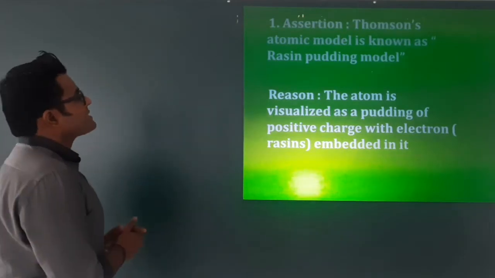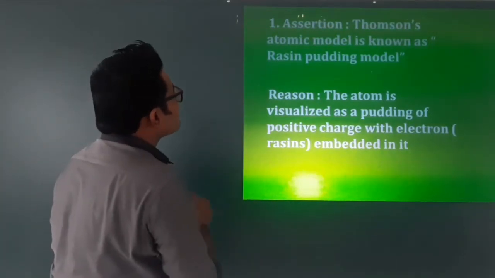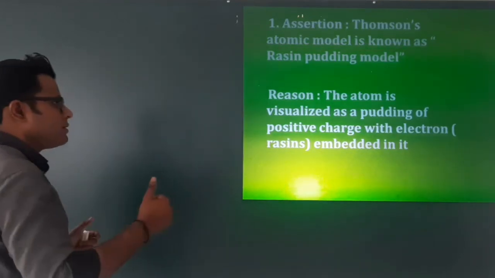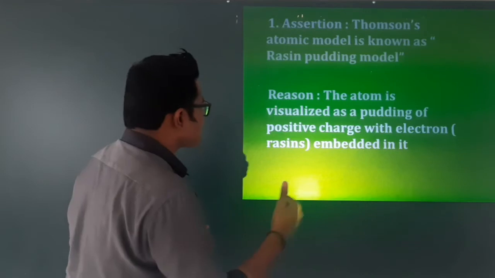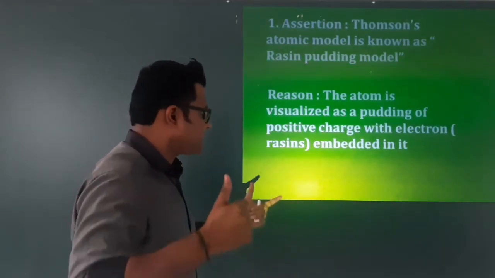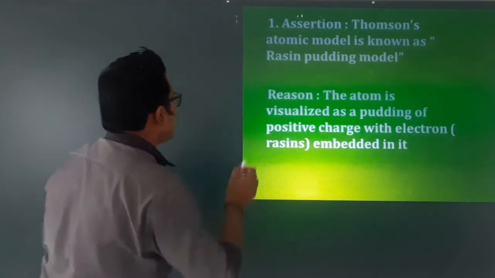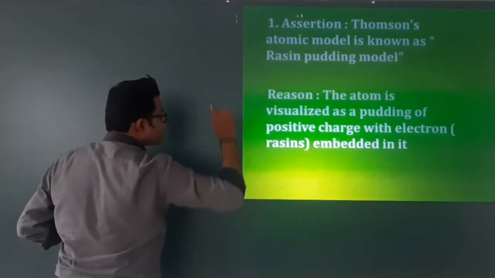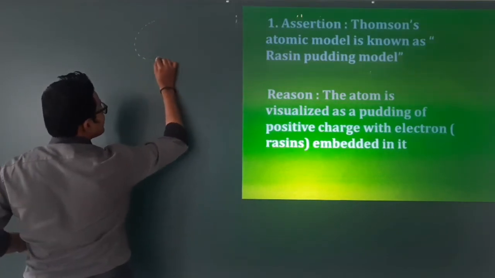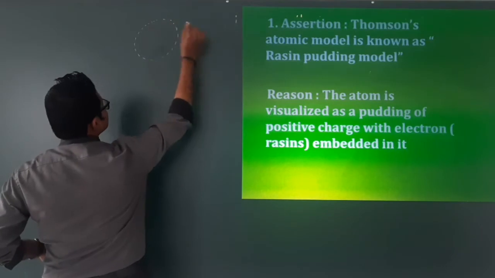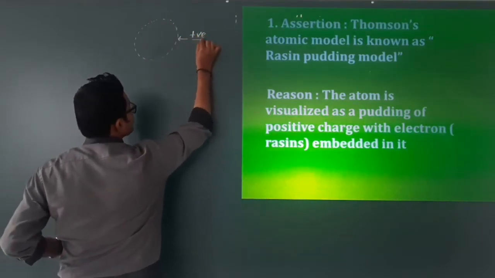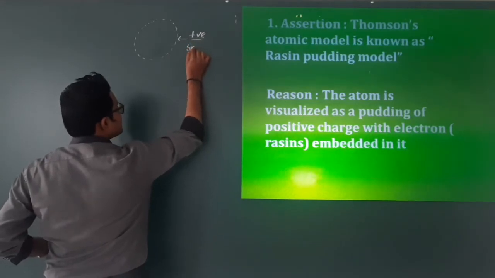So, first question says that assertion, Thomson's atomic model is known as the raisin pudding model. The reason is the atom is being visualized as a pudding of positive charge with electrons, that is the raisins, embedded in it. Now, whenever we were speaking about the Thomson's atomic model, what we understood from that particular model was, he considers the atom as a positively charged sphere.